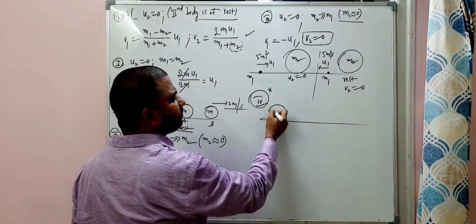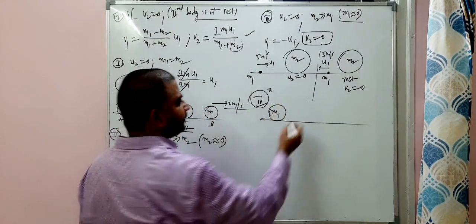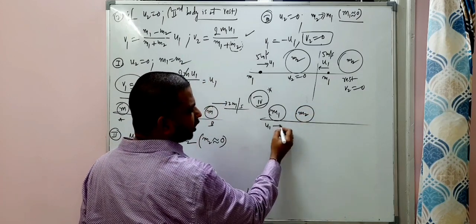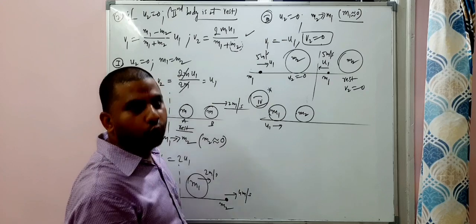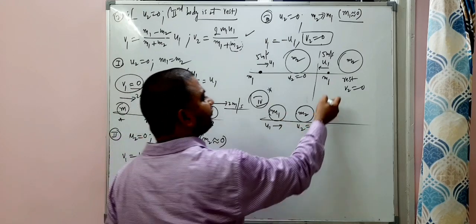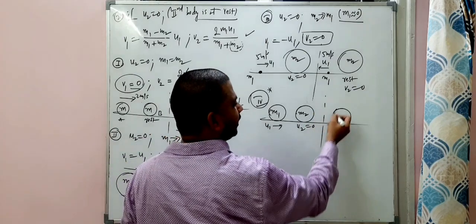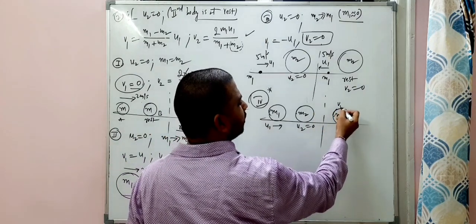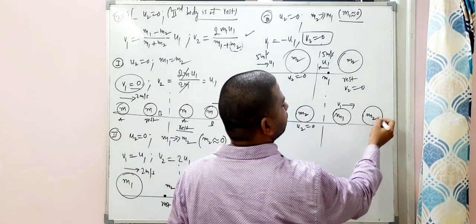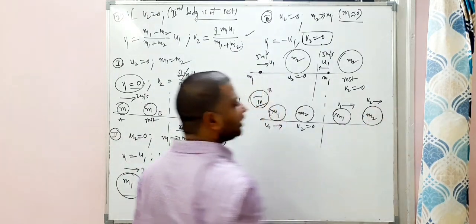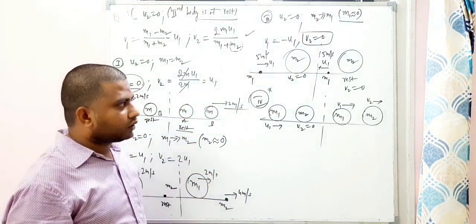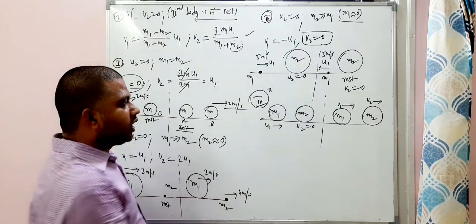This is the body of mass M1 and there is a body of mass M2. Initially, this body is moving with some velocity U1 and the other body is at rest. After the collision, the body of mass M1 is moving with a velocity V1 and the body of mass M2 is moving with a velocity V2. Observe, everyone. What is happening here?